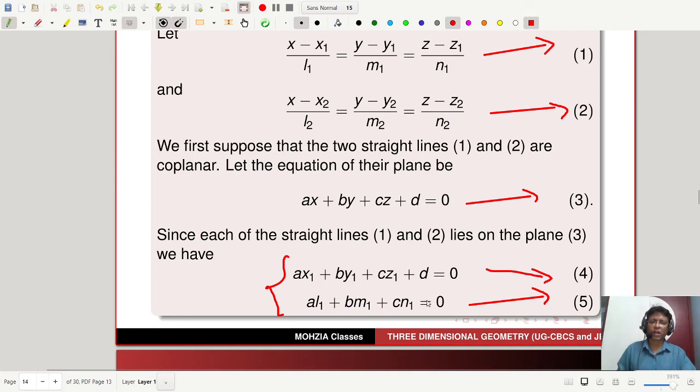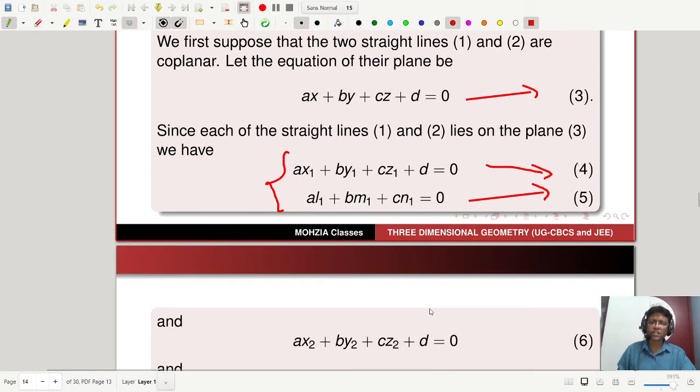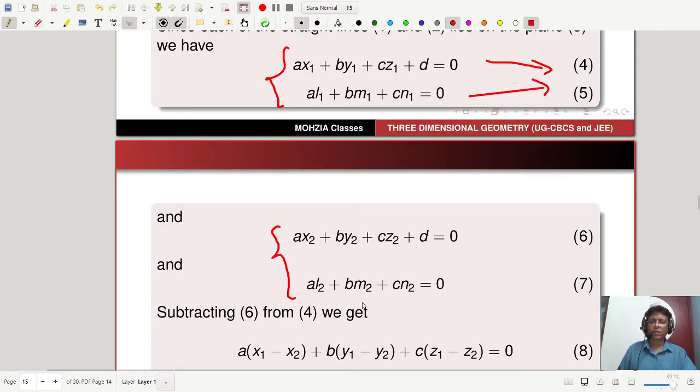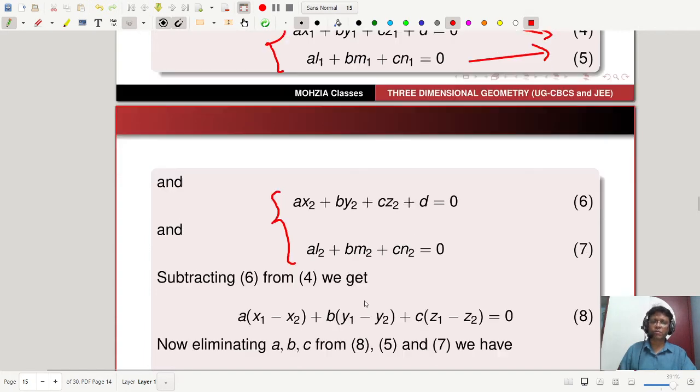So these two are the conditions. Similarly, if the second line lies on the plane, then the second point x2, y2, z2 satisfies the equation of the plane, and the dot product of the direction vector and the normal vector is 0. So you have equation 6 and equation 7.